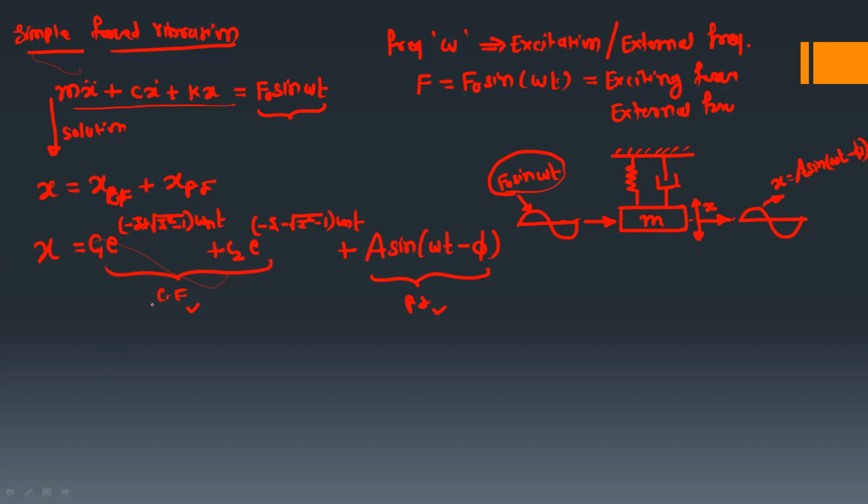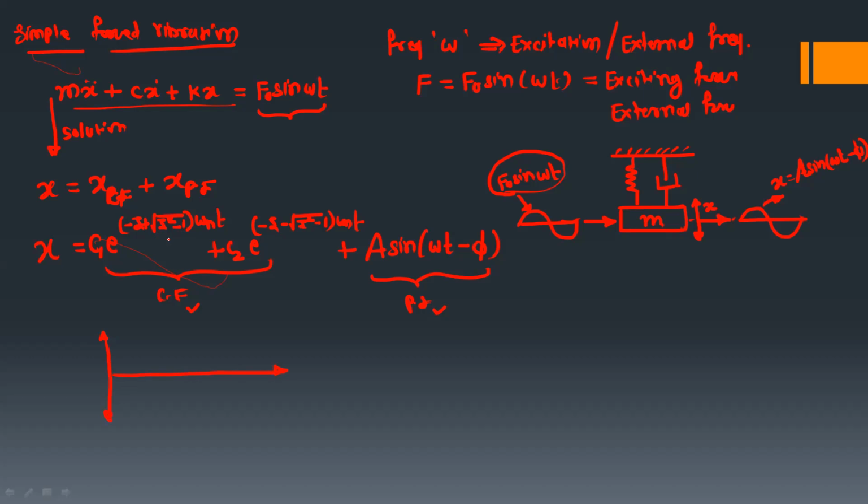Okay. So if you draw the waveform of the complementary function, x versus time, this is the waveform for the complementary function. If you observe here, zeta square minus 1 appears in the equation for the overdamped system.